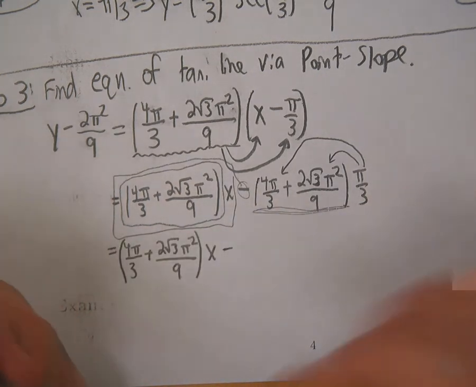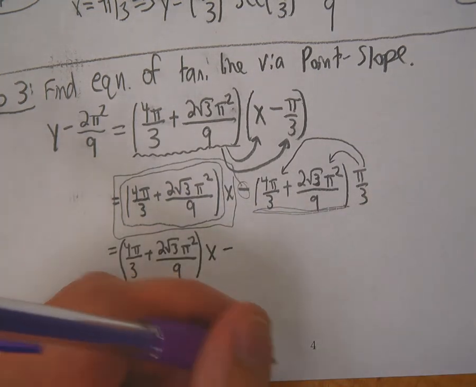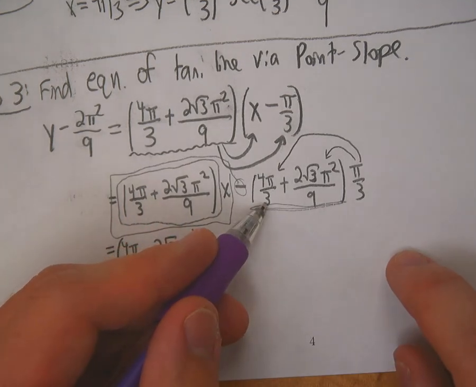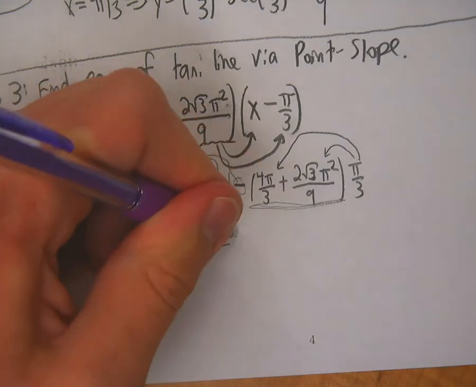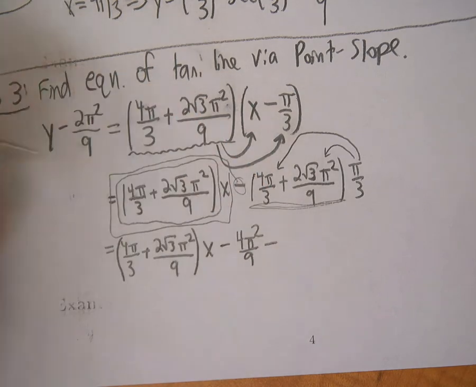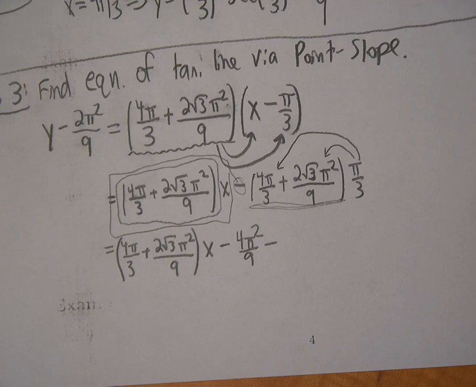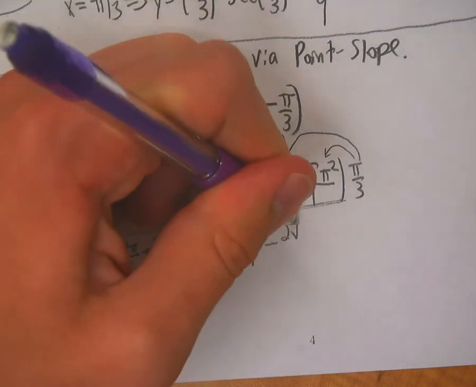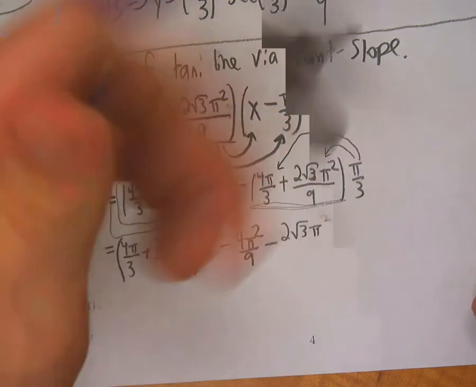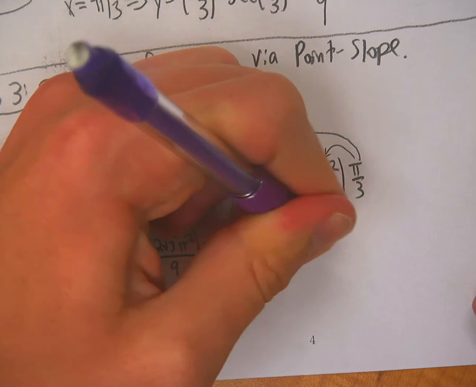So what do we get? So this first term here becomes what? 1 pi squared over 9. Yeah, so it'll be minus 4 pi squared over 9, then minus the second term, which will be 2 root 3 pi cubed over 27. Yep, 2 root 3 pi cubed over 27.